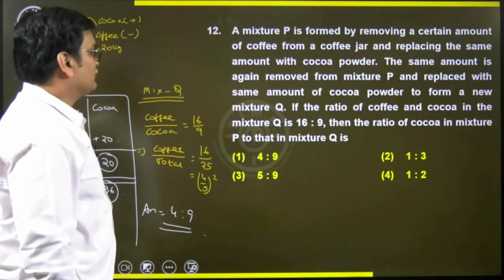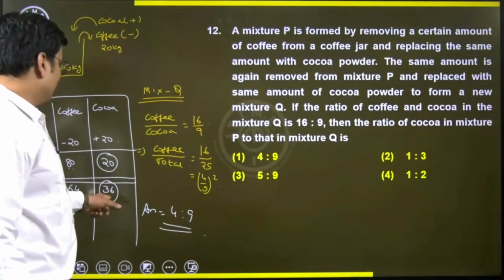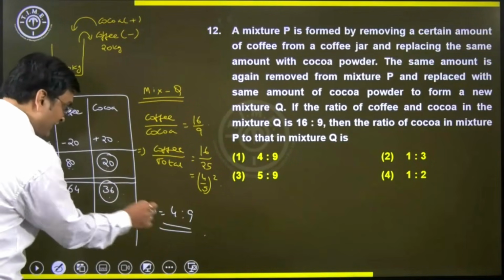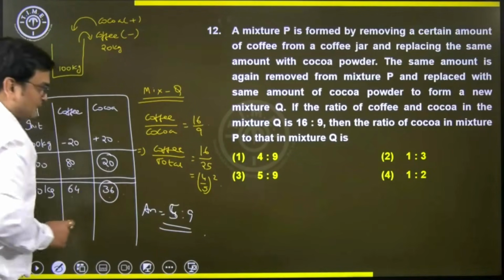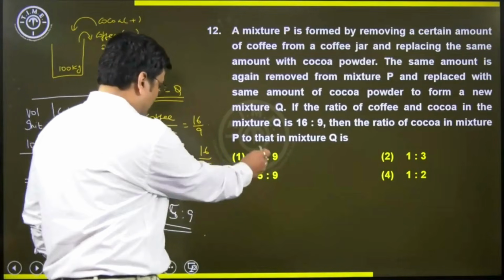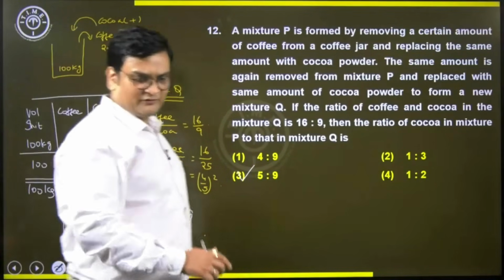One second. Then the ratio of cocoa in the mixture P to that in the mixture Q. So sorry. 20:36 is 5/9, not 4/9. Because 4 will go 5 times, 4 will go 9 times, 5:9 will be option choice 3 here. So we could do it like this.